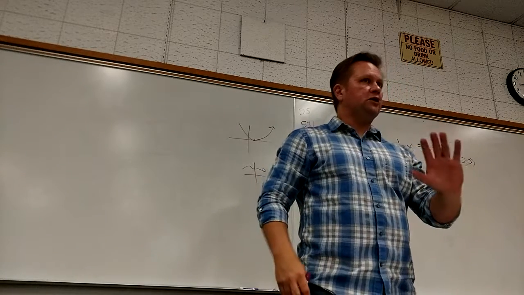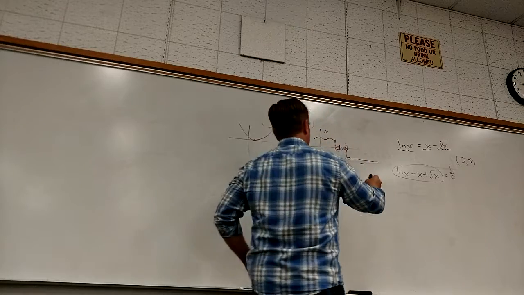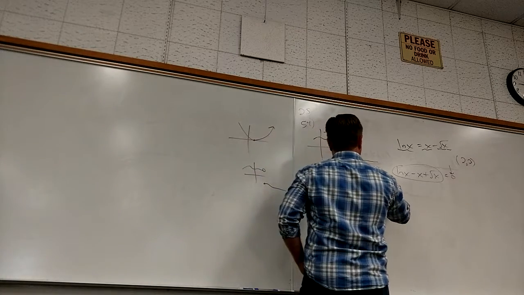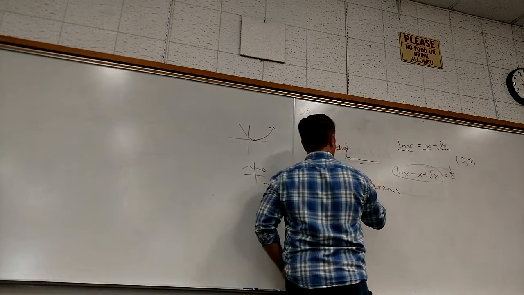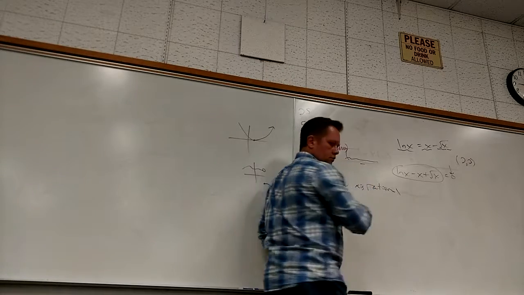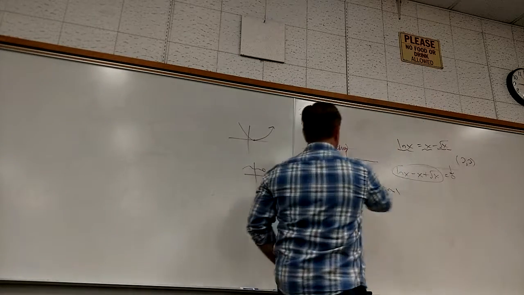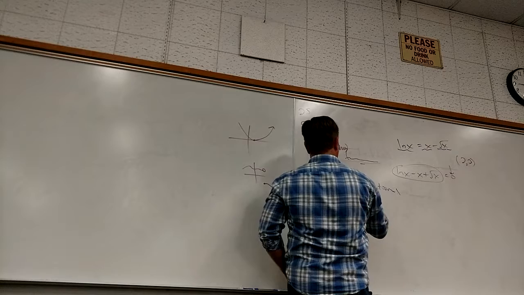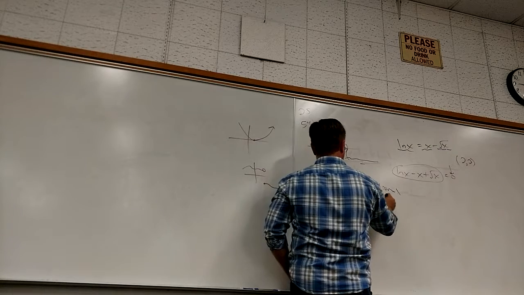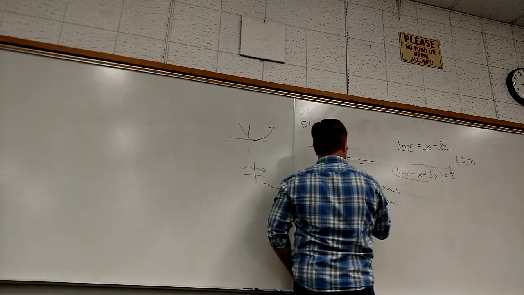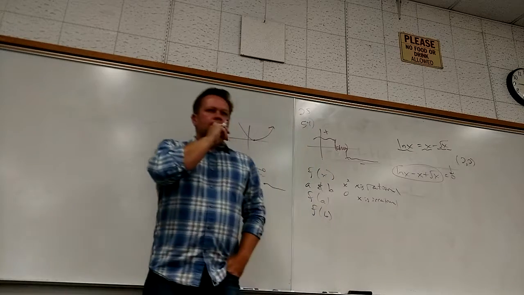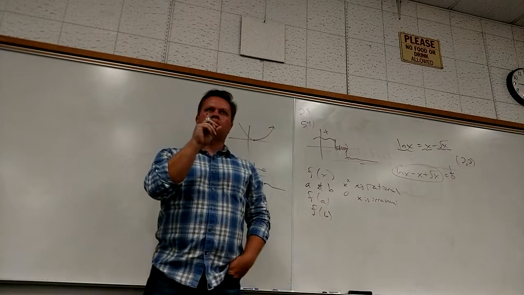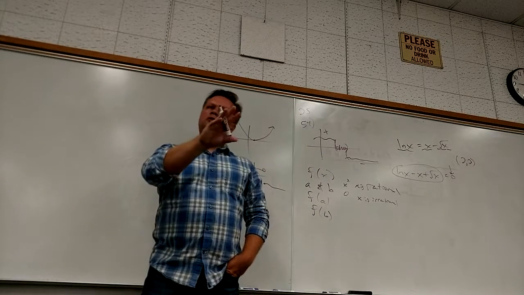This one is really neat because you have x rational, it's x squared, and if x is irrational, it's 0. So let me try to help just a little bit.